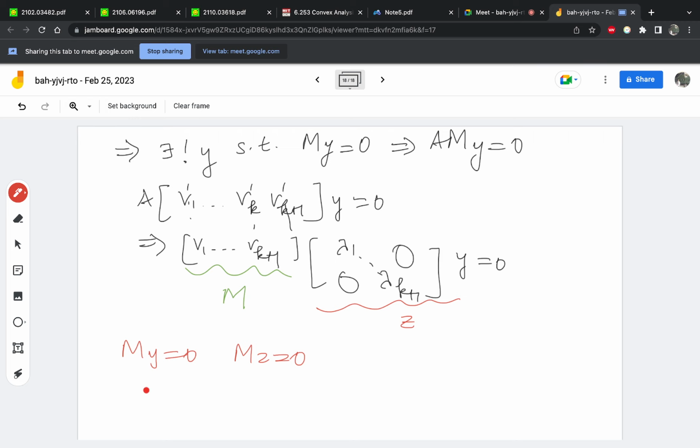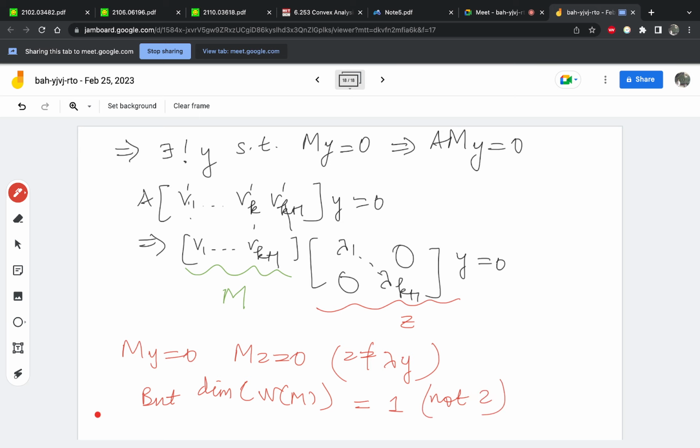But I said that, by the way z is not equal to some scalar of y, but I said that the dimension of the null space of M is 1, not 2.